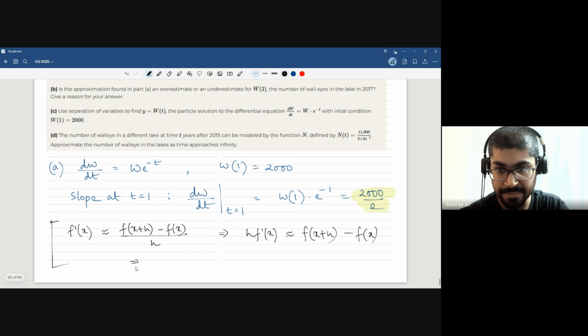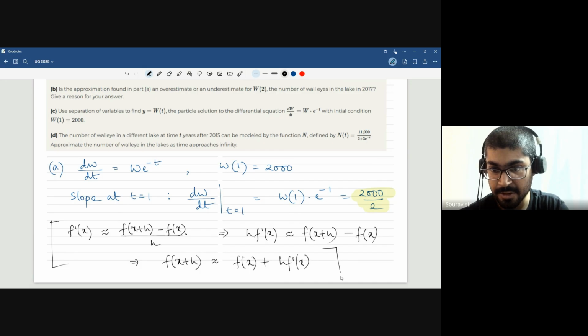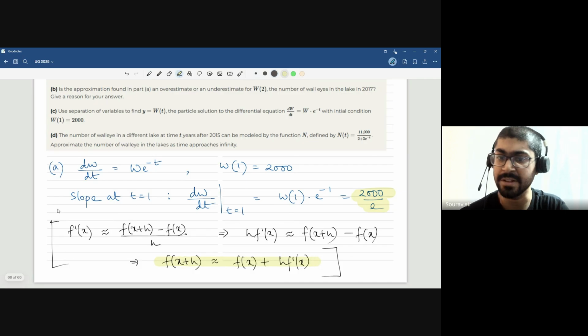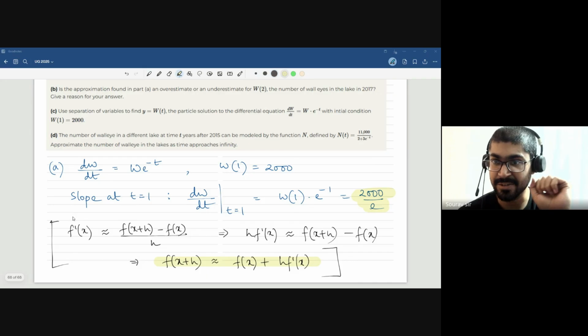So this would mean f of x plus h is approximately equal to f of x plus h of f dash x. So this is one of the ways of linear approximation. Okay, from this spot onwards we can derive the Taylor series.